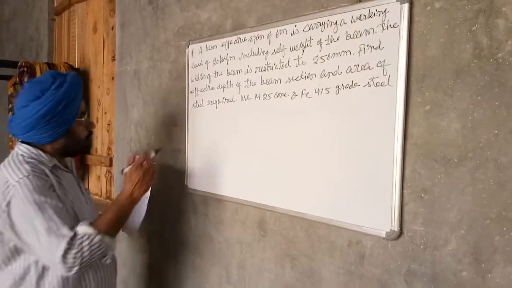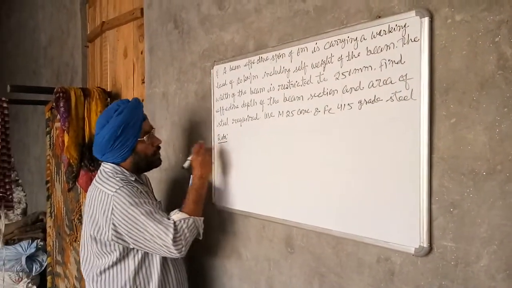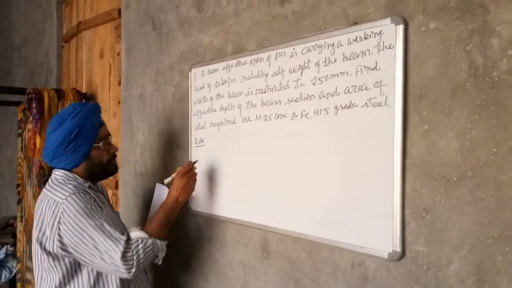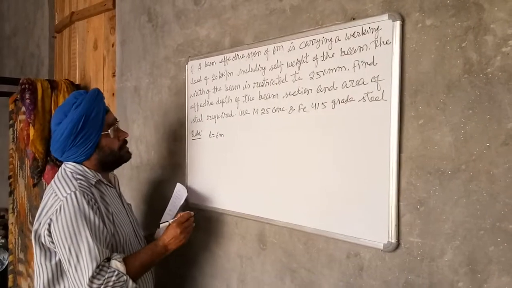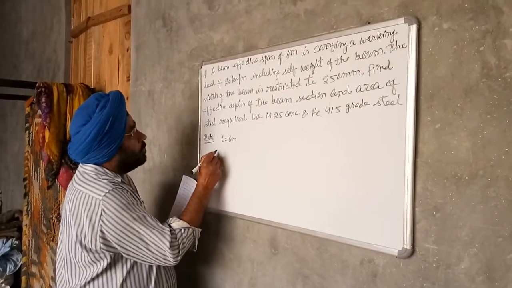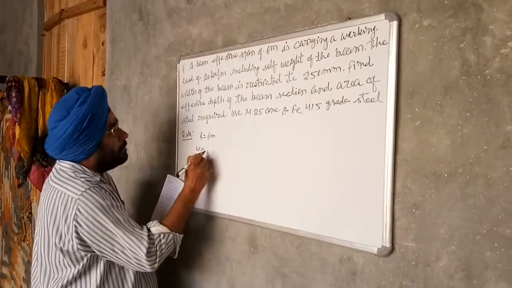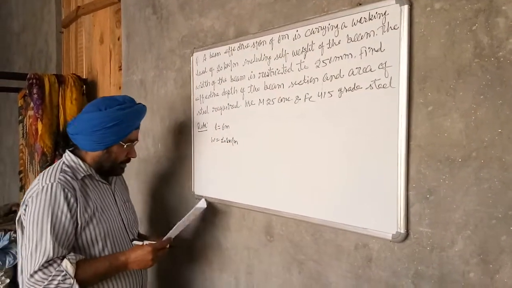So first of all, data given to us. Effective span of the beam is given 6 meter, and working load is given 20 kilonewton per meter.